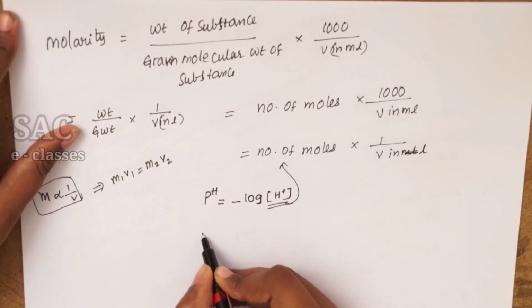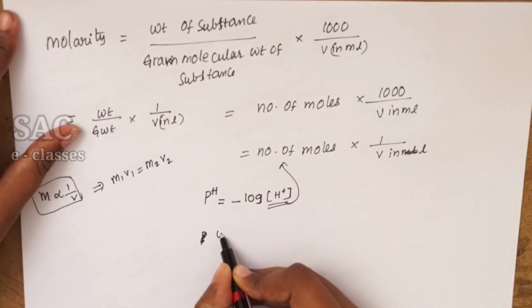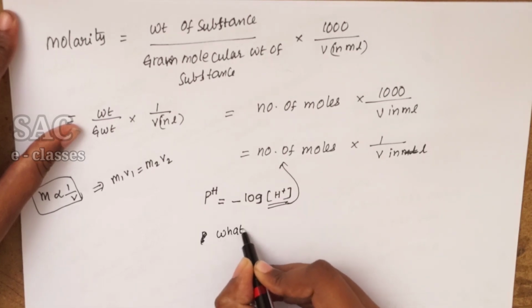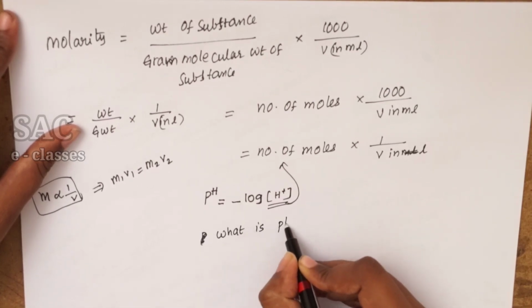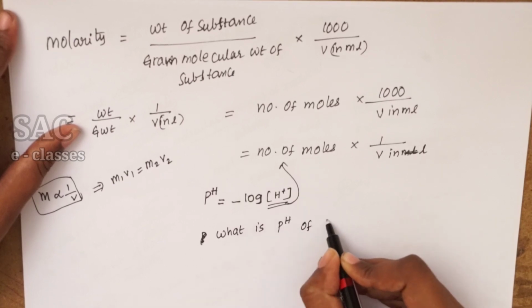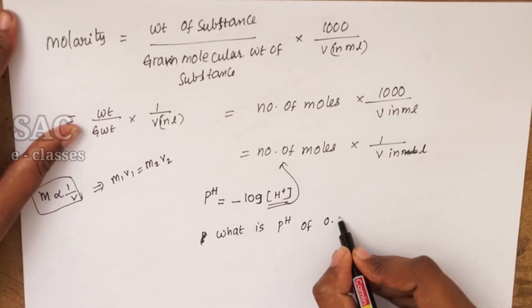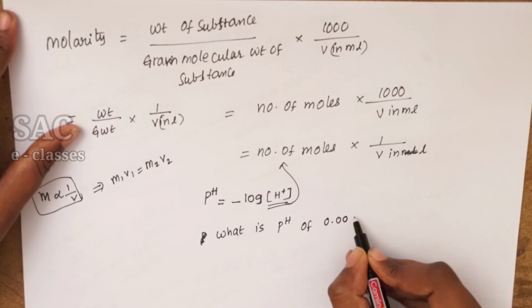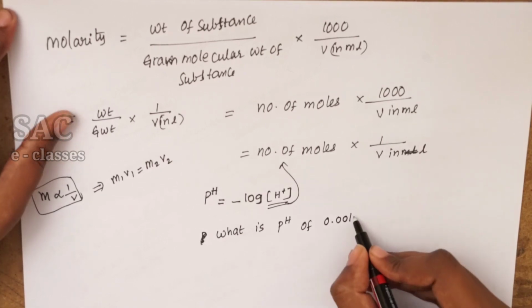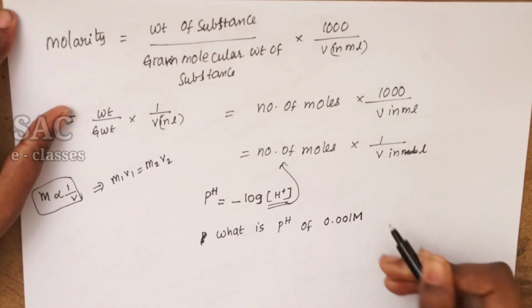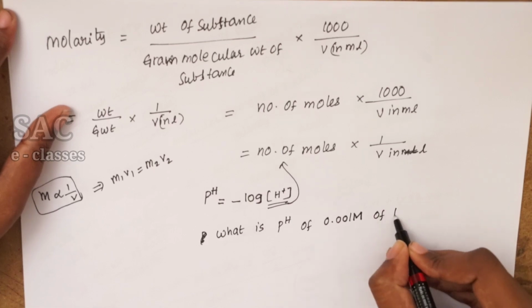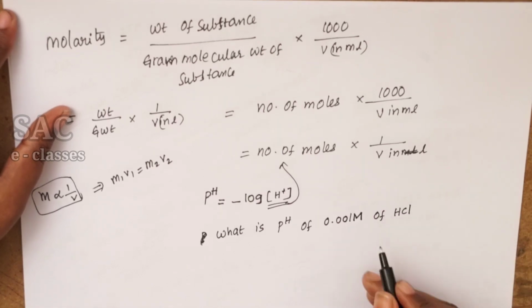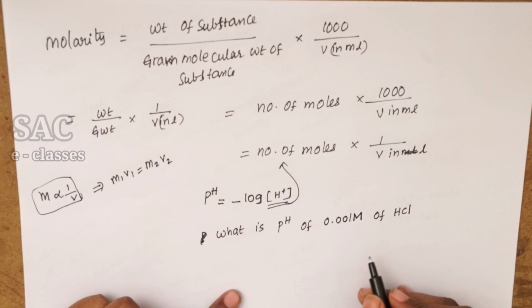For example, what is the pH of 0.001 molar HCl, hydrochloric acid? What is the pH they are asking?